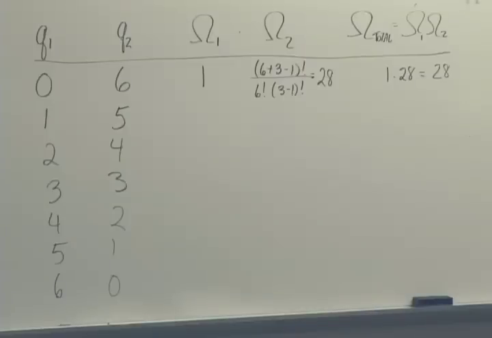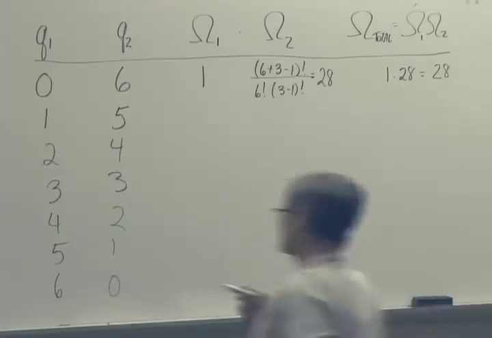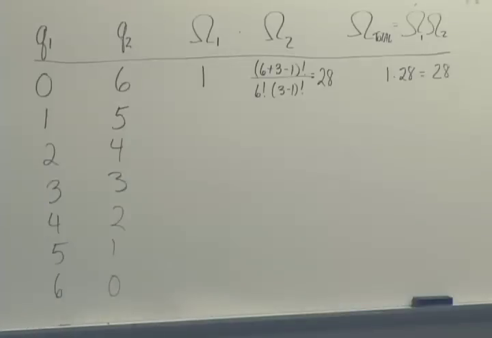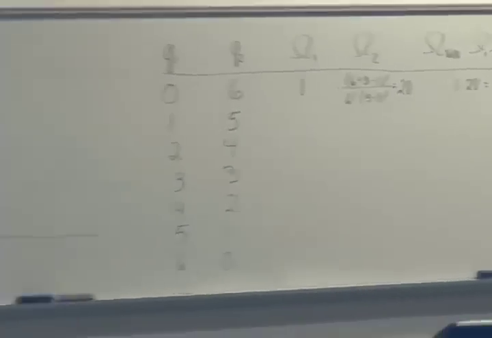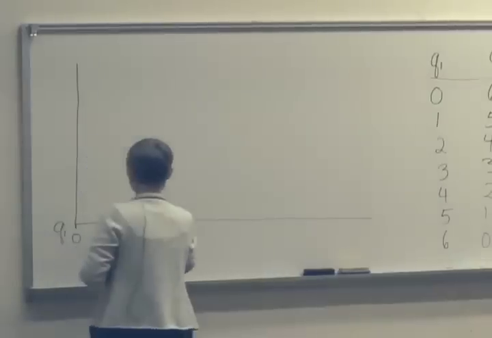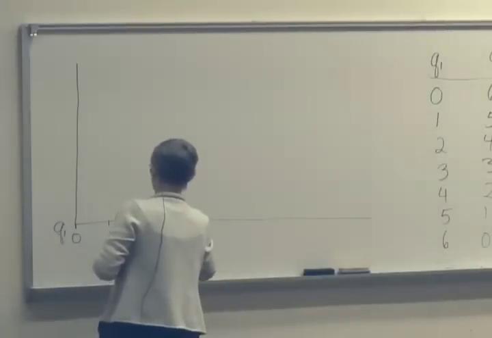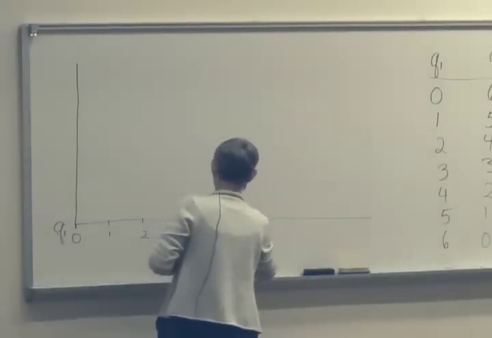And you guys are going to do 3 and 3. And you're going to do 4 and 2. And you're going to do 5 and 1. And you guys get to do 6 and 0. Okay? And when you've got a number, check with your neighbor, and then we'll put it in. And we're going to make a graph. So this is Q1, the number of quanta in object 1: 0, 1, 2, 3, 4.